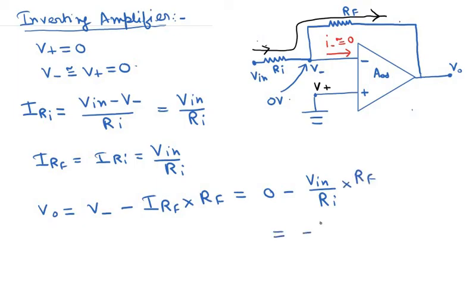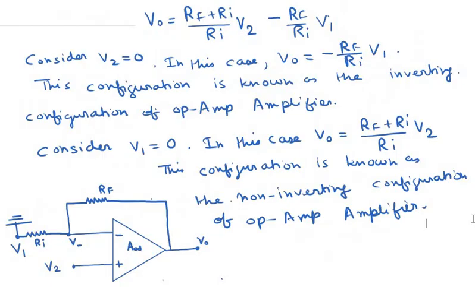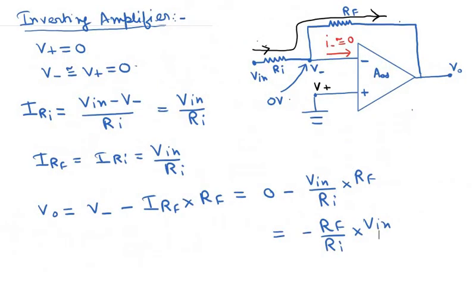So V0 equals minus Rf by Ri into Vin. We note that we got this formula before, when we derived it in the lengthy way, in the inverting configuration of the op-amp amplifier. So this is a different, simpler method to do this problem.